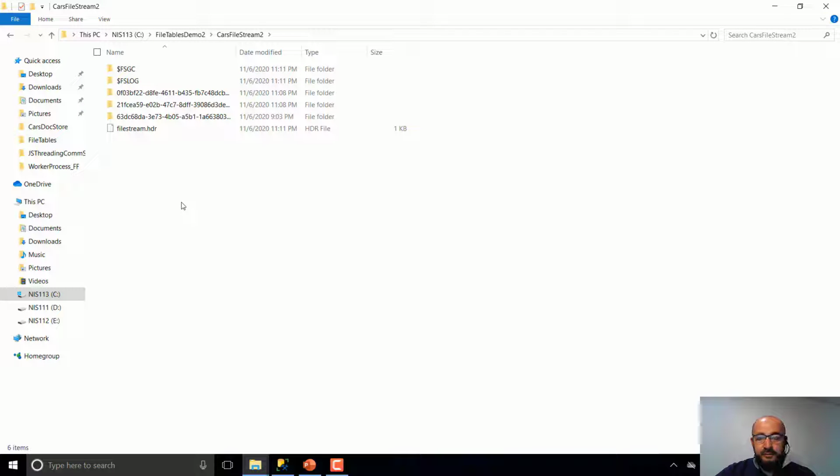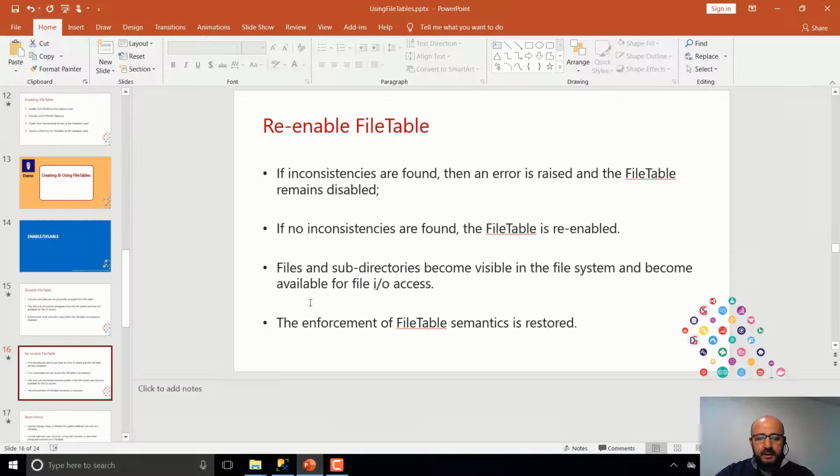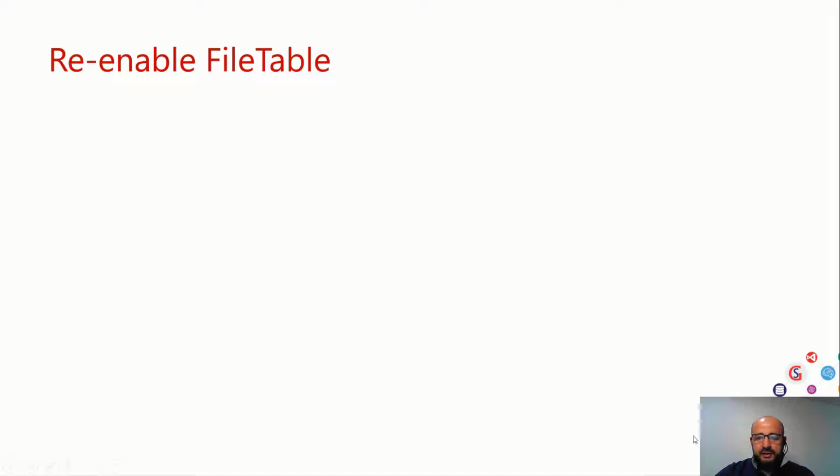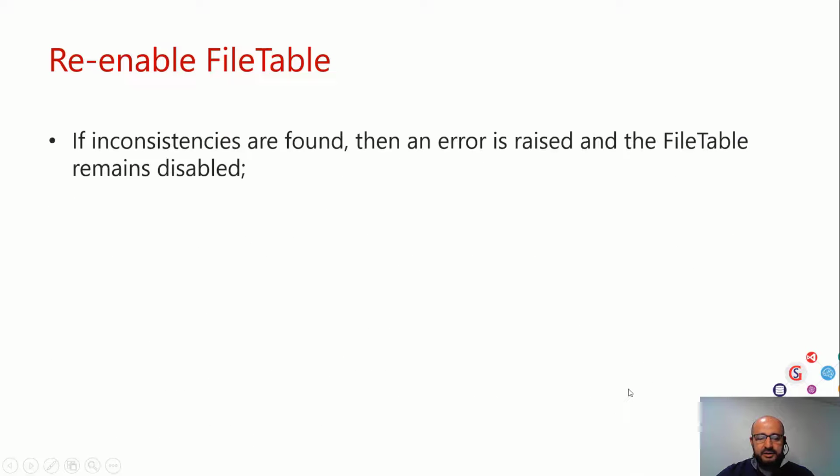If I go into it, even though I'm not supposed to, and I change things around, when I re-enable the file table, it checks to see that that folder is in sync with that table, and if not, that's when an error is raised and the file table will remain disabled and the UNC path will not be available. So that is what is meant by the inconsistency check.